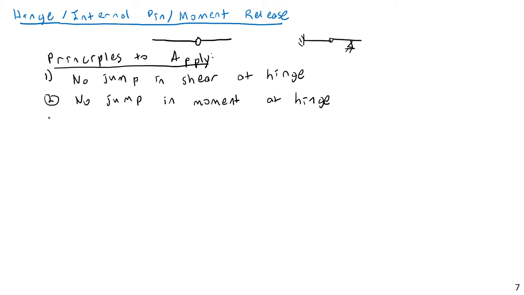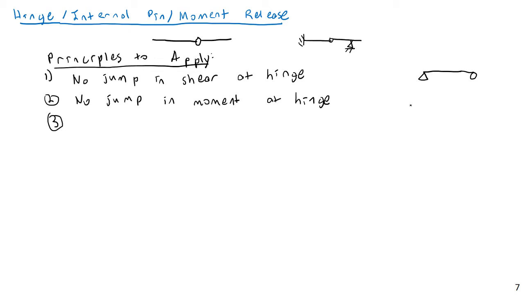However, we have to think back to our pin example that we looked at previously. If you have a simply supported beam, what did we remember about the moment at each end? We knew that because that joint could have no moment, the moment had to be 0 at that hinge.